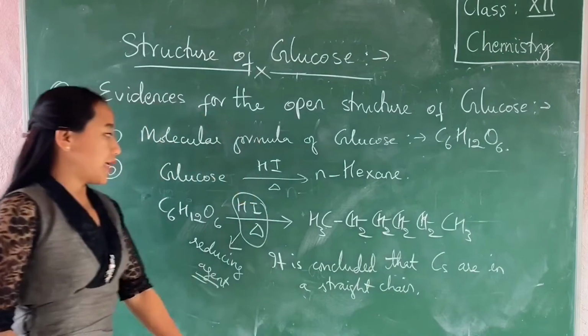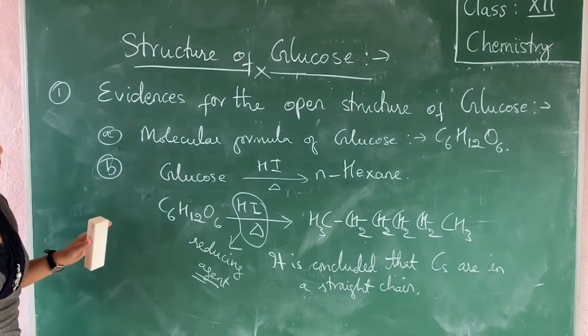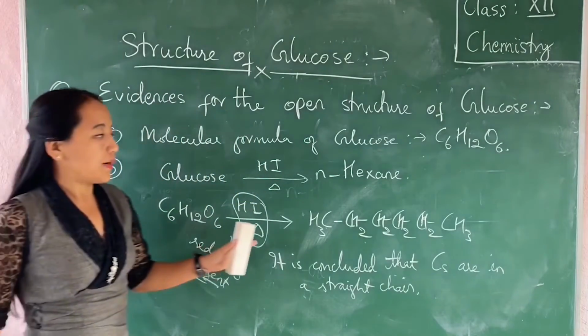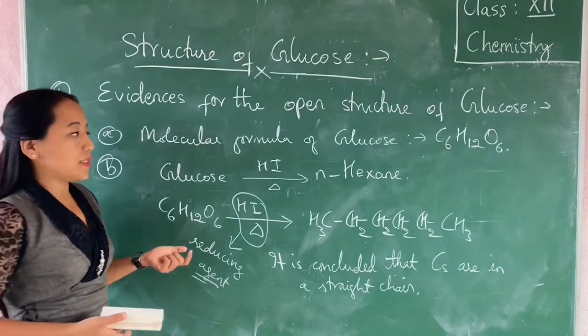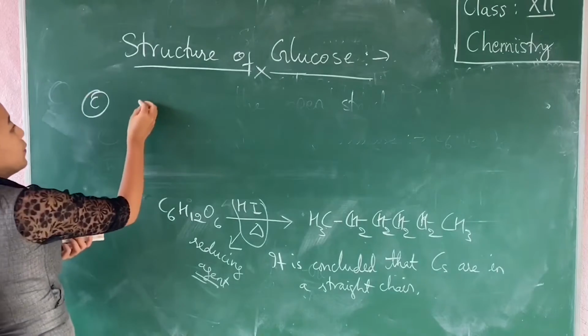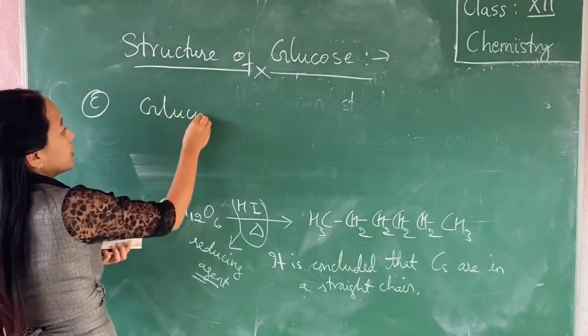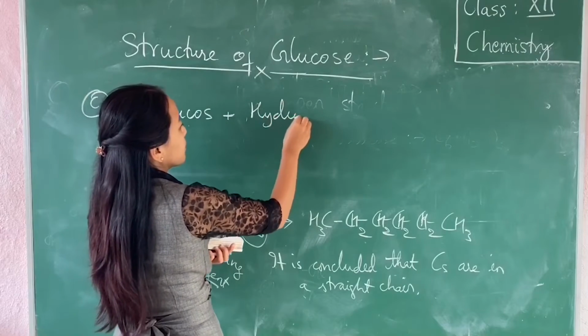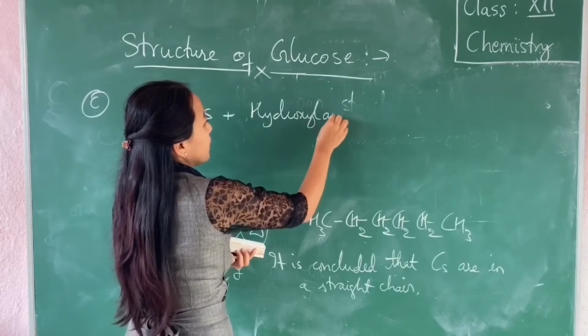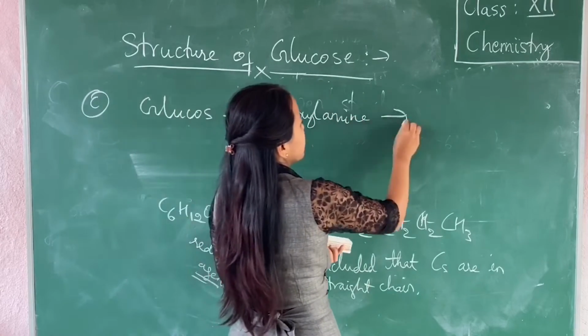So this is the experiment from which it was found that carbon atoms are arranged in a straight chain. Now the next experiment was when glucose was treated with hydroxylamine. It forms an oxime.